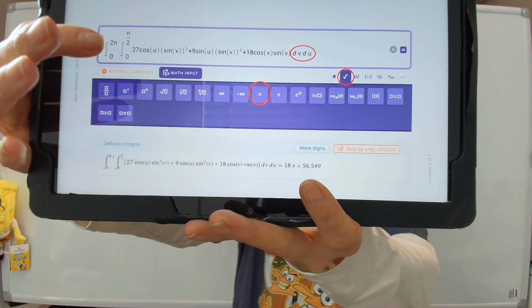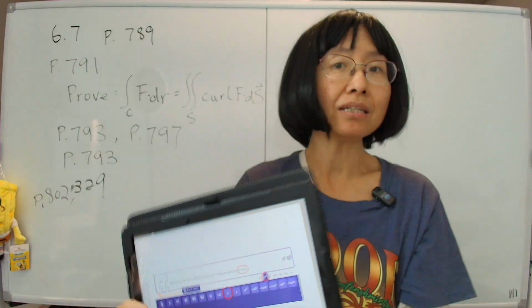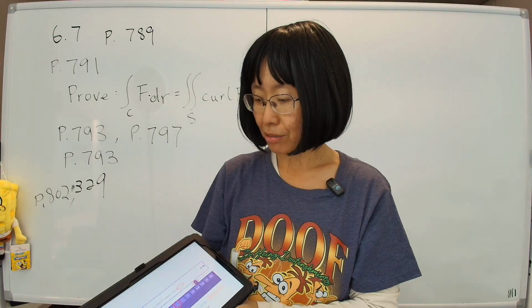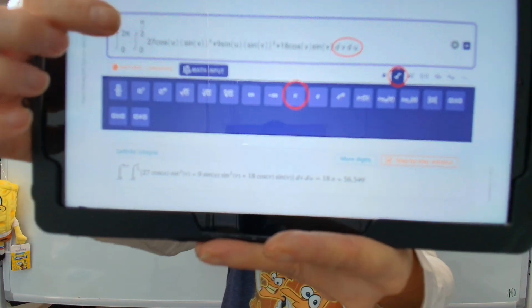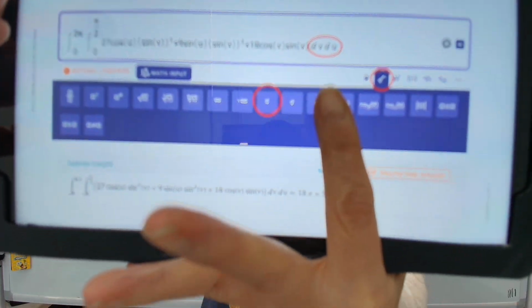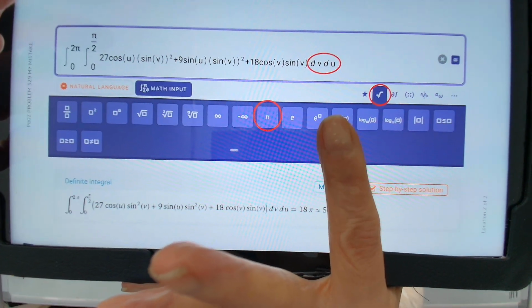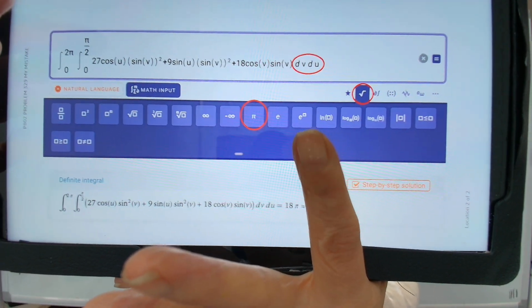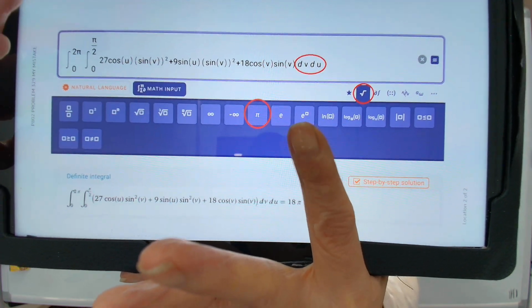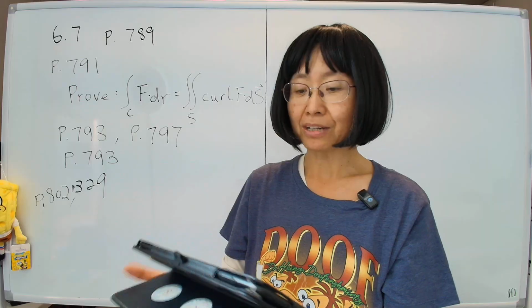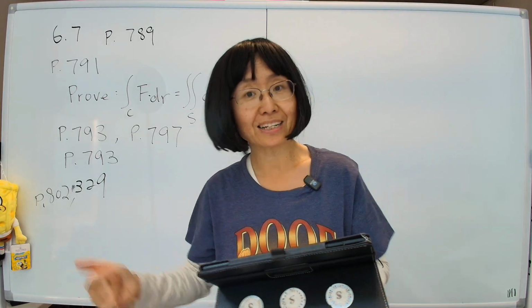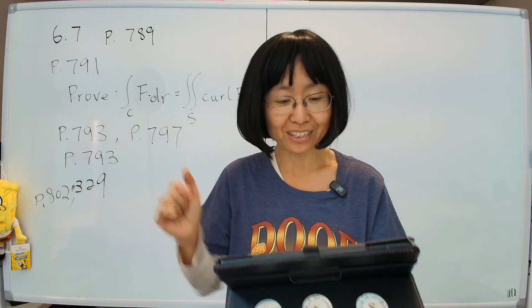The only mistake I made was that at first it didn't give me the right answer, and I was wondering if there's something wrong with the calculator, and then eventually I realized it's because I was not careful, and I typed in du dv. It should be dv du, because we're integrating v first and then u. I should have been more careful, because that's the only way the calculator can tell what we are integrating.